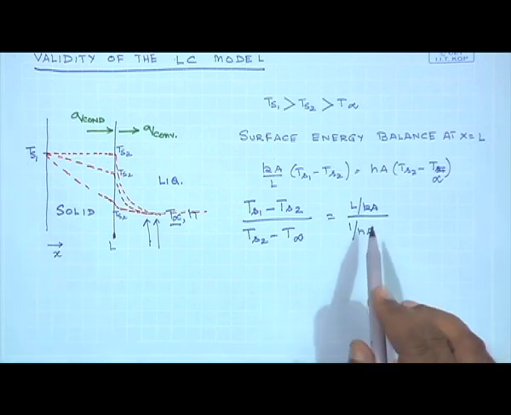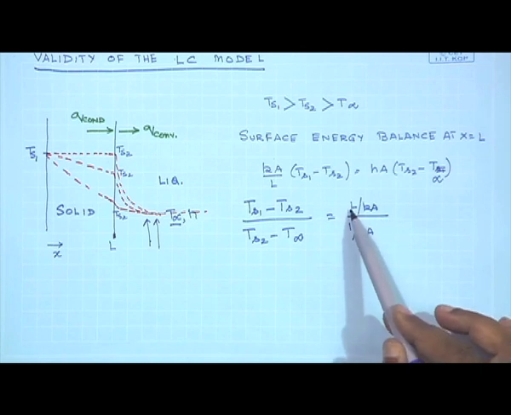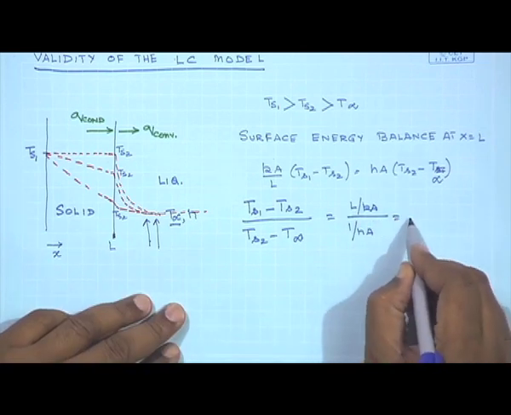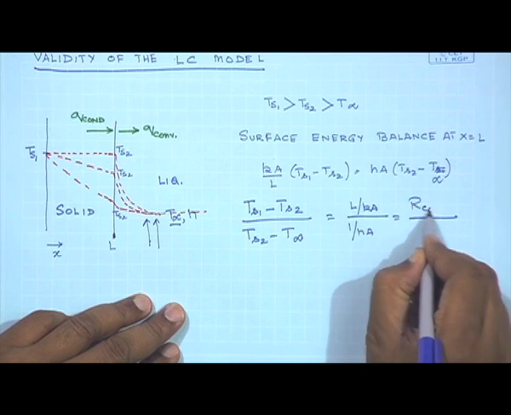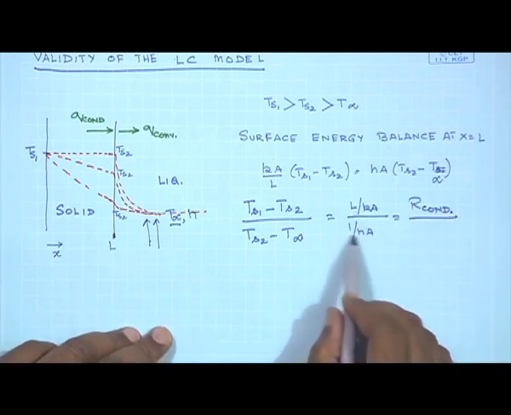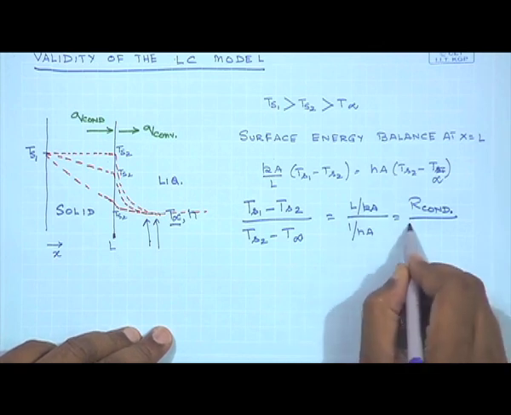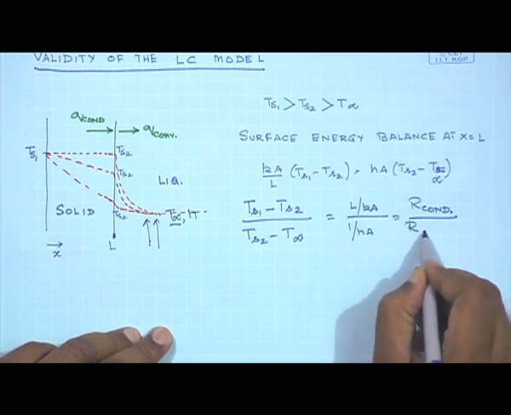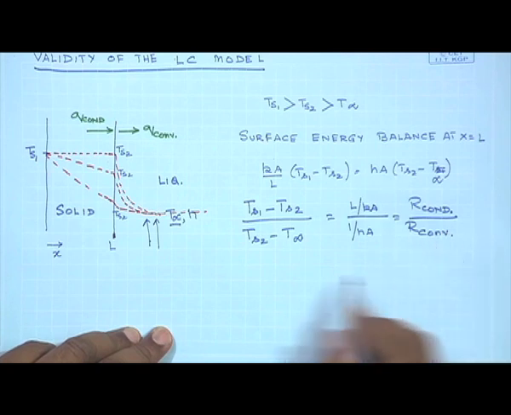If you recall from your studies of conductive heat transfer, you know that L by kA is simply the resistance due to conduction, and 1 by hA is nothing but the resistance due to convection.